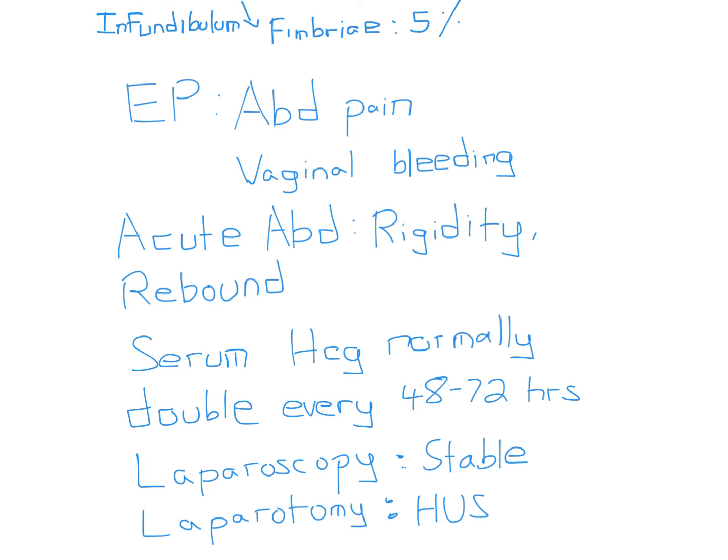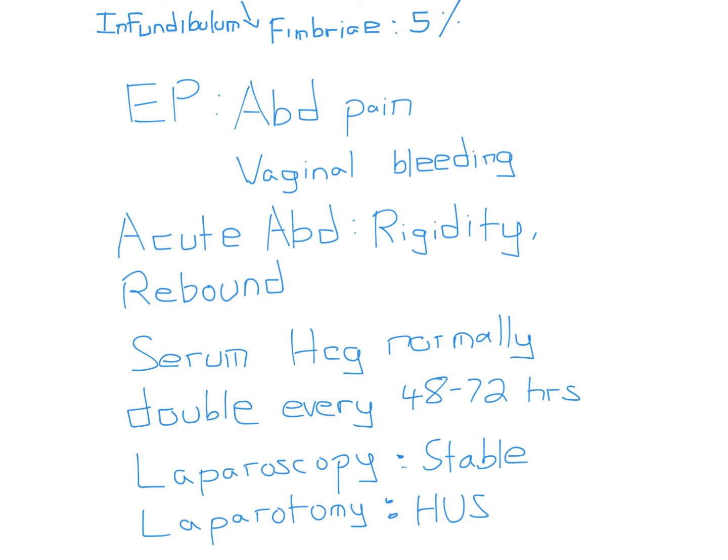Another thing to look for in ectopic pregnancy is the serum HCG. And so normally it doubles every 48 to 72 hours. However, in an ectopic pregnancy, it actually doesn't increase. And so that's another sign. You'll also have to ask for their last menstrual period and see how far off they were.